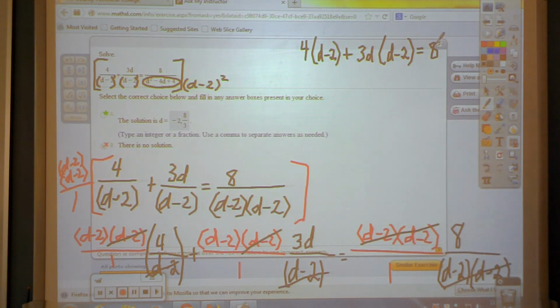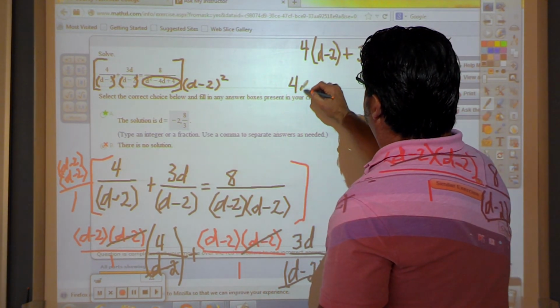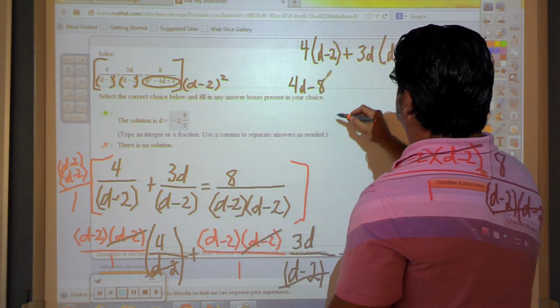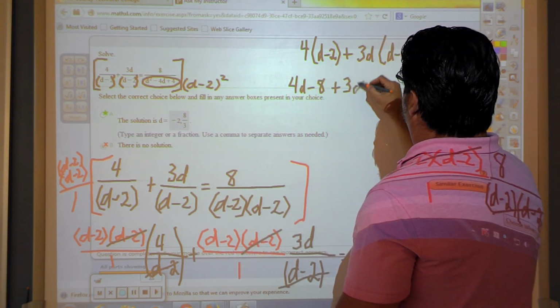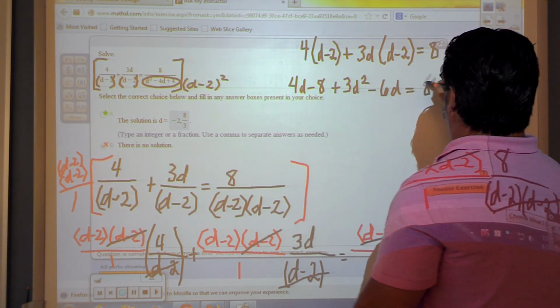Now you can finish it. 4D minus 8 plus 3D squared minus 6D is equal to 8.